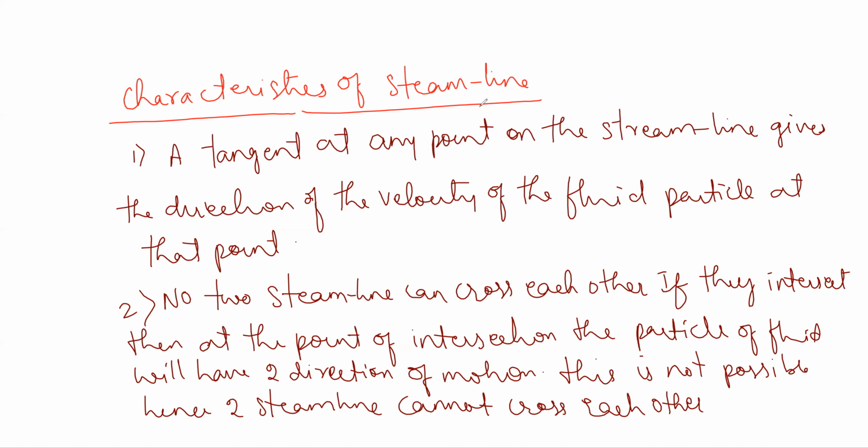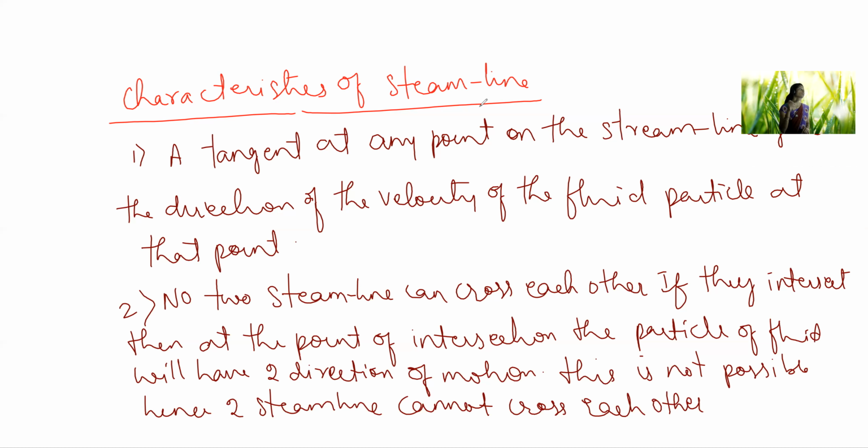So the properties of the streamline flow are, first, a tangent at any point on the streamline gives the direction of velocity of the fluid particle at that position.